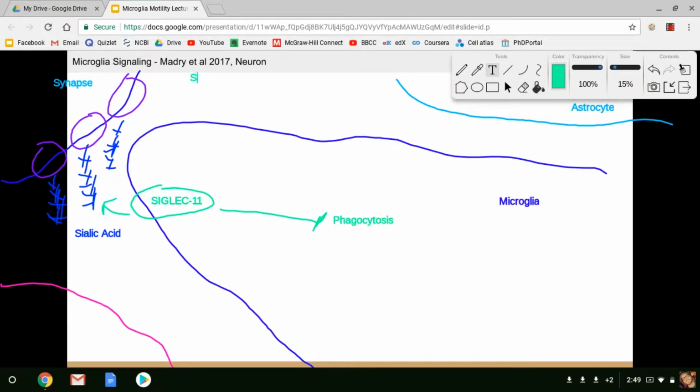However, in a process called synaptic pruning, which occurs most frequently during adolescence, and there's evidence it occurs during neurodegenerative diseases, what can happen is a certain enzyme gets released by the microglia called neuraminidase.